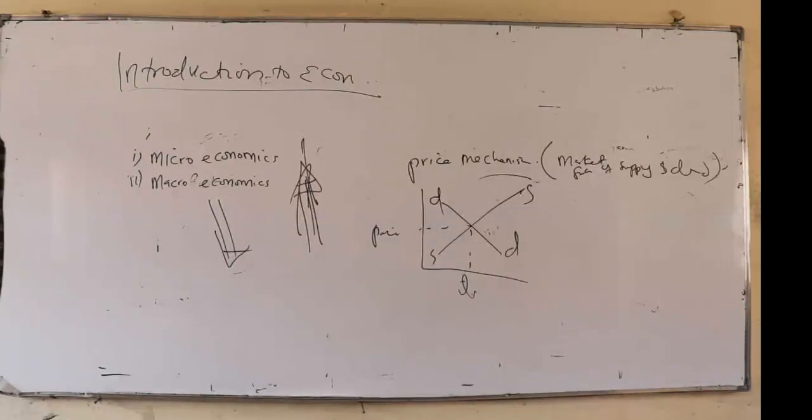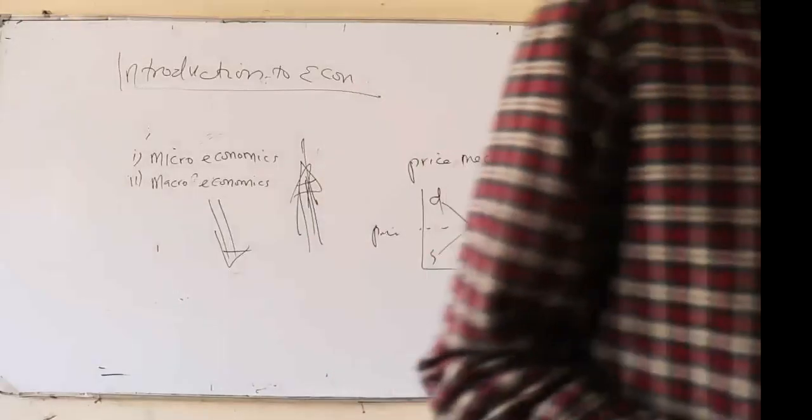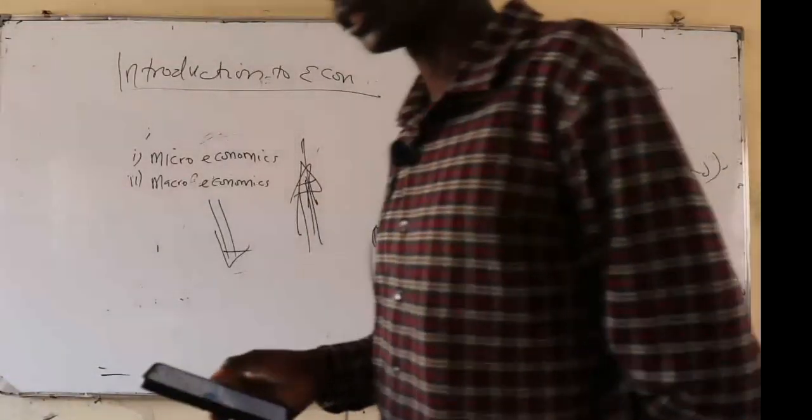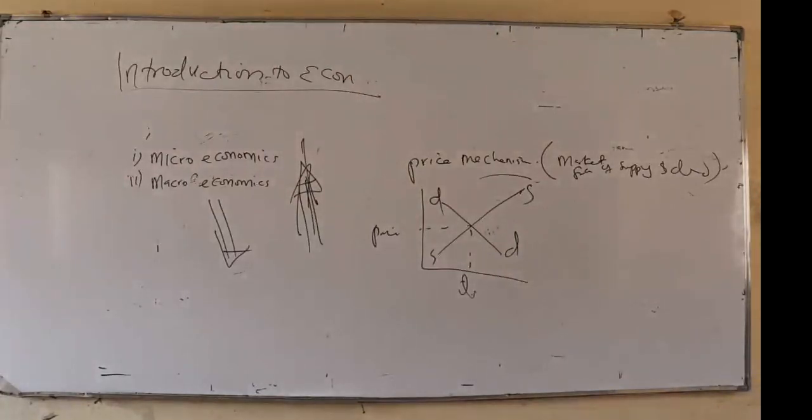I.e., firms try to maximize their profits, consumers try to maximize their welfare, etc. So there's what we call self-interest, which means that each person is trying to maximize their own interest.